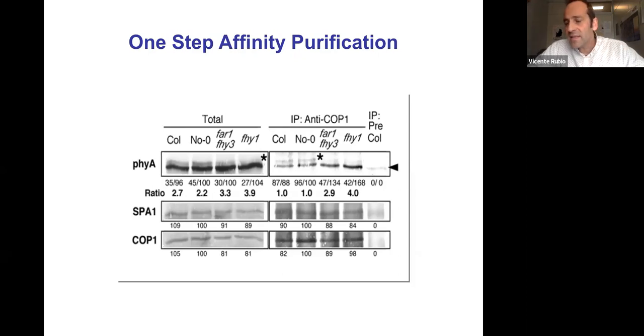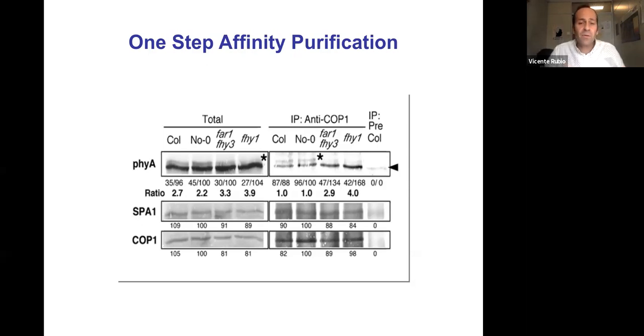So this system, together with mass spectrometry, can allow identification of proteins that are bound to your specific protein, but also, as I said, it allows co-immunoprecipitation assays in which we can, for example, analyze the strength of a specific protein-protein interaction.